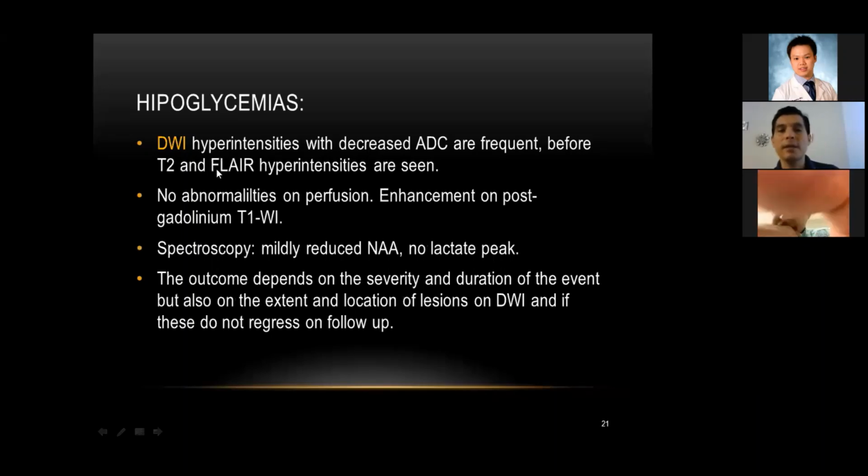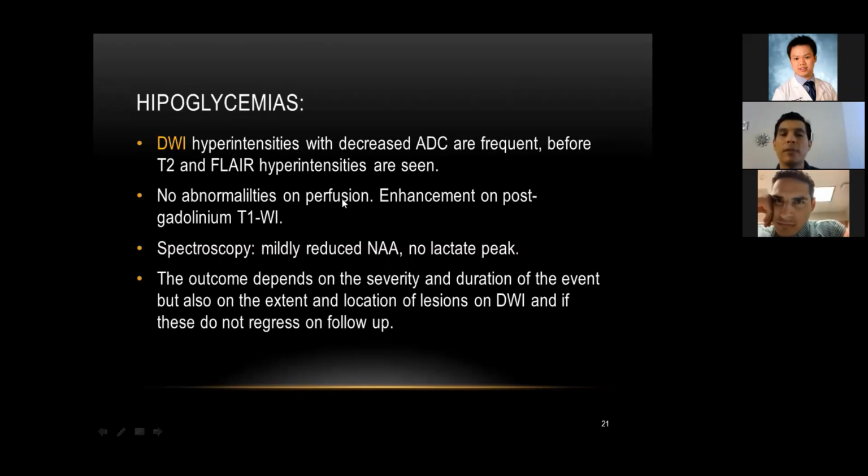And this damage is very fast. So DWI hyperintensity with decreased ADC could be frequent and is a sign of worse prognosis. But this is before T2 and FLAIR hyperintensity, so this is not explained by vasogenic edema. It's another mechanism.